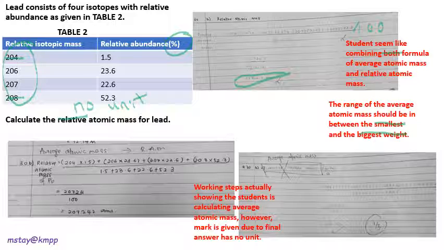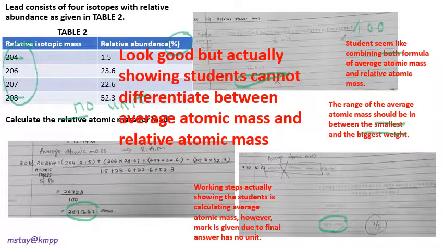However, the mark is not given for the final answer because there is no unit for this answer. So in general, we can say that the students cannot differentiate between the average atomic mass and relative atomic mass.